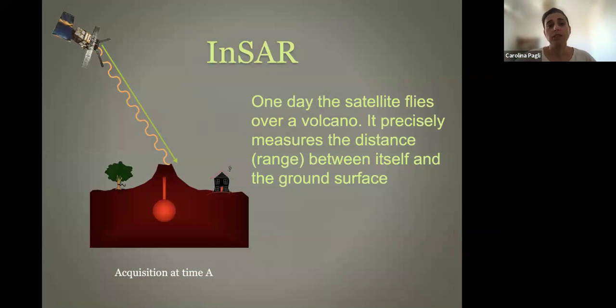Something about the method, because I'm going to show you a lot of InSAR in this seminar. So how does the technique work? InSAR is based on the combination of satellite images.